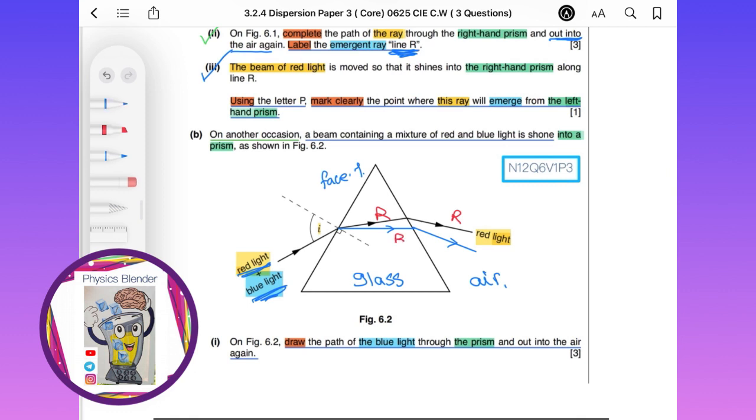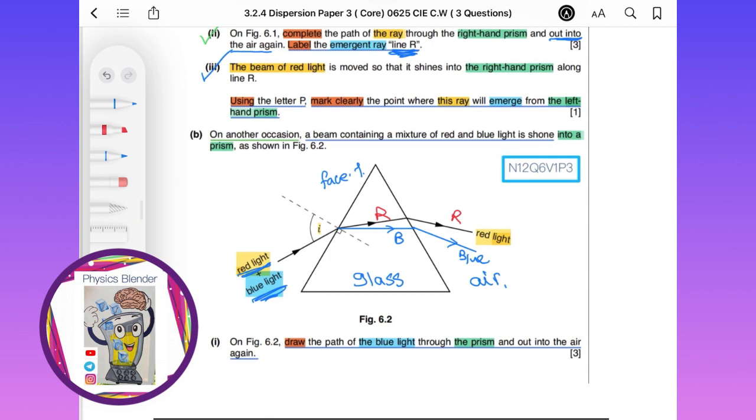So it will be refracted inside the glass and in air. Okay guys, again, drawing is very important.